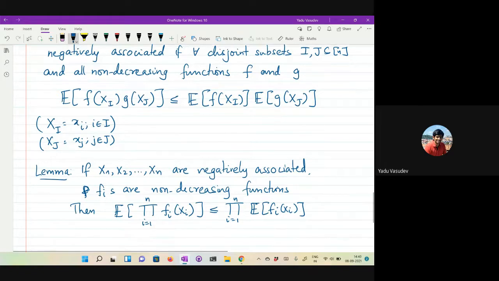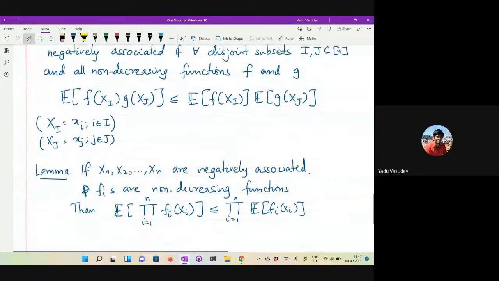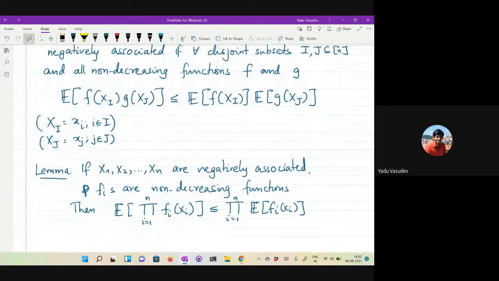If this is true for every disjoint subset, take one disjoint subset to be the entire set minus one element, and the other to be that one element, and define the functions.